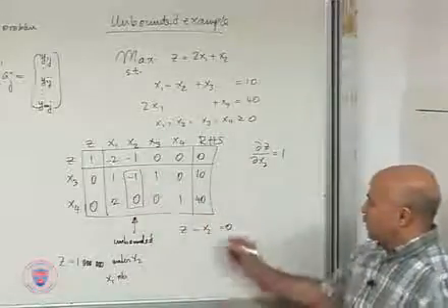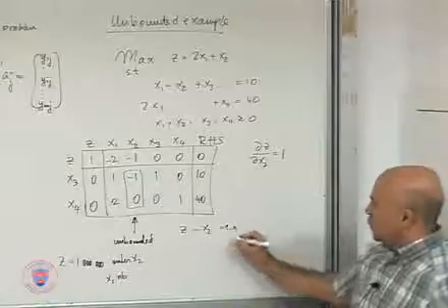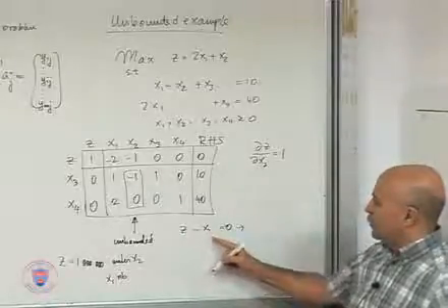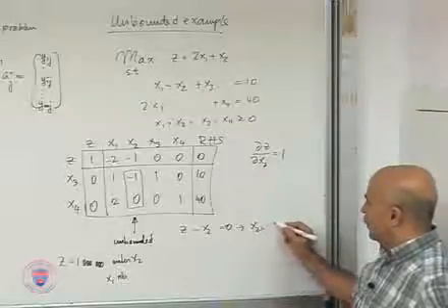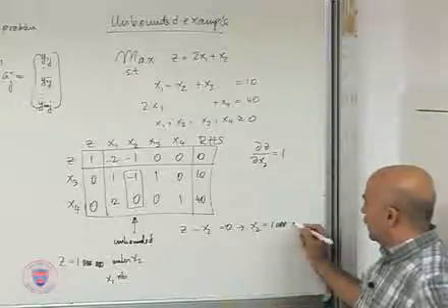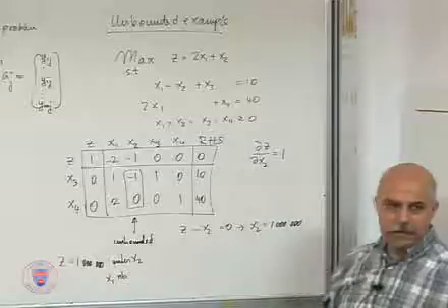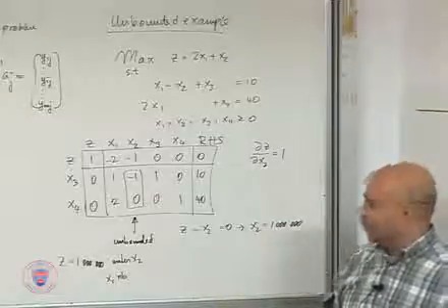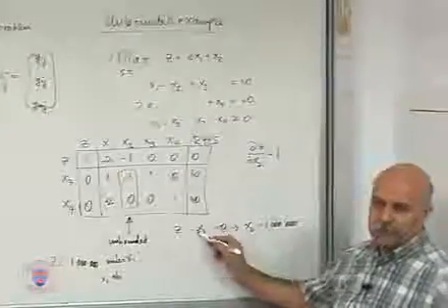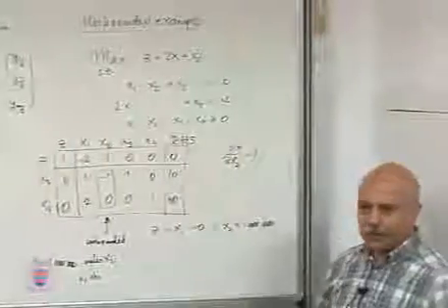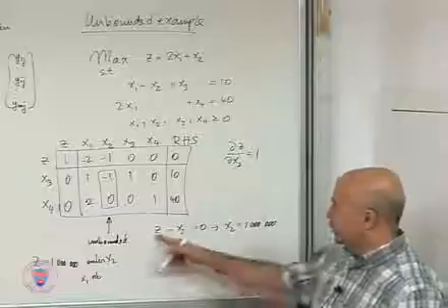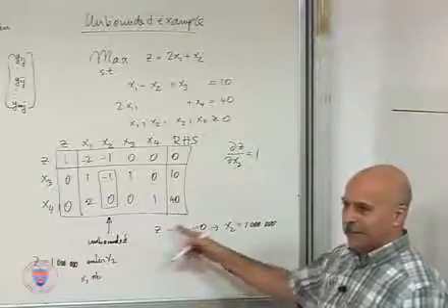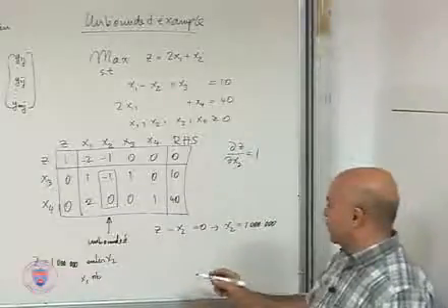Okay? So this tells me that if I want a z value of 1 million, then x2 should be 1 million. I increase it to 1 million. Of course, if you had a different coefficient here, you could have computed that, okay, by how much you should increase. You just substitute 1 million for z and then solve for x2. That's it.